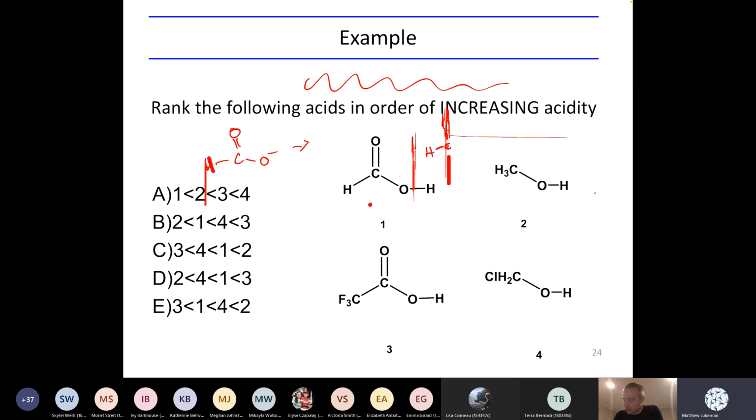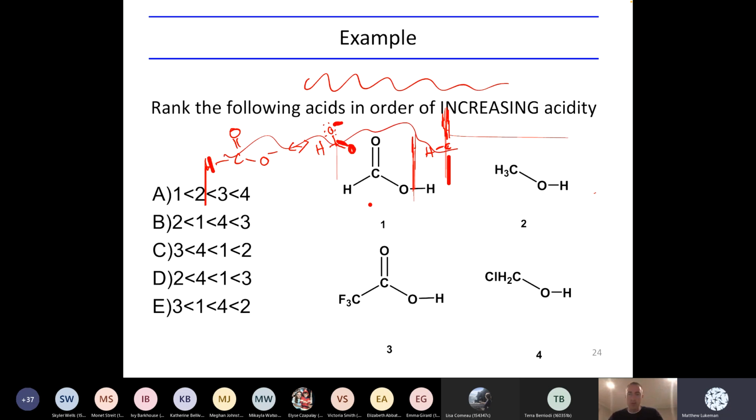So this has a resonance structure that looks like hydrogen... That looks terrible. I don't know what's going on with my pencil today. I think it's when I'm touching the screen with my hand. Anyway, compound 1 and compound 3 can have resonance structures.